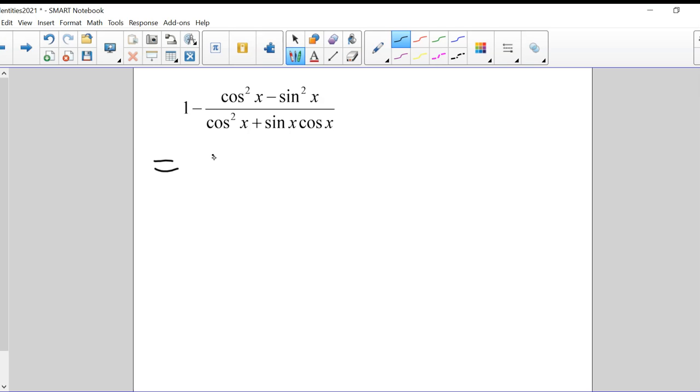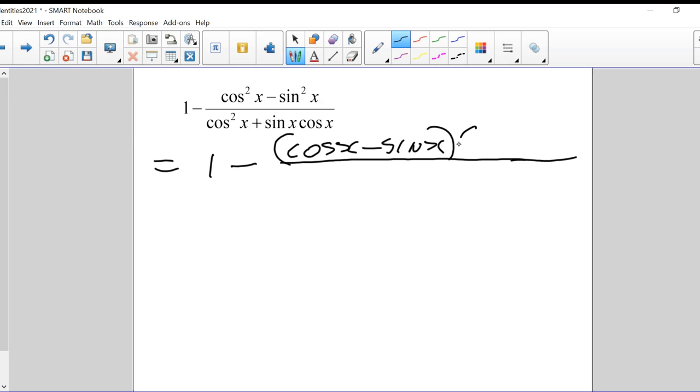So this is equal to 1 minus, the numerator is going to be a factor or factors based on this being a difference of squares. So cos x minus sine x in one bracket, and cos x plus sine x in the other bracket.